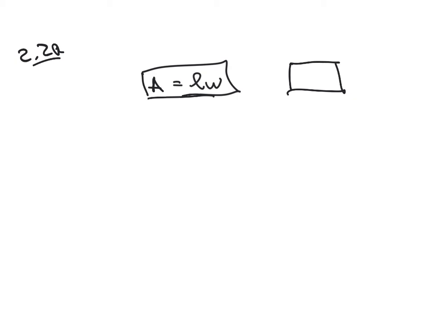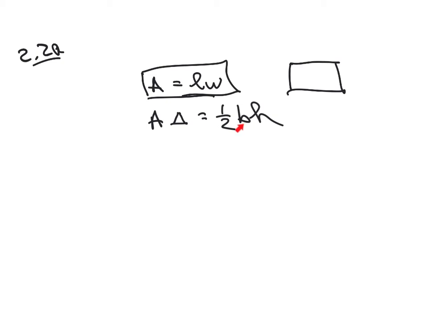So if I have like the area of a triangle is 1/2 BH, in order to solve any of these, in order to solve for A, solve for B, solve for H, I have to be given in the problem 2 of the values.